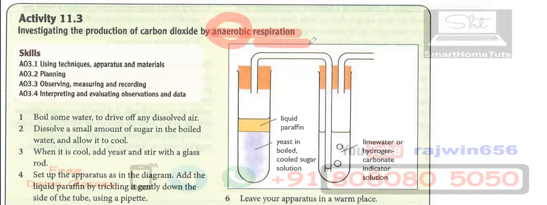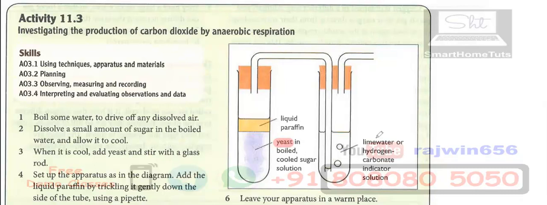There may be different organisms under different conditions that will be carrying out anaerobic respiration, and different products also will be formed during the course of anaerobic respiration. For example, in the experiment that we are considering, we have yeast.